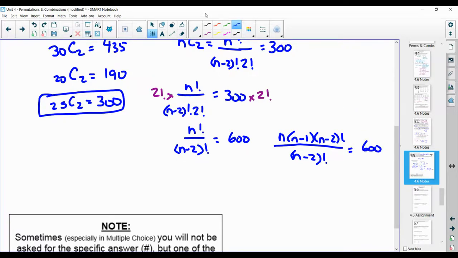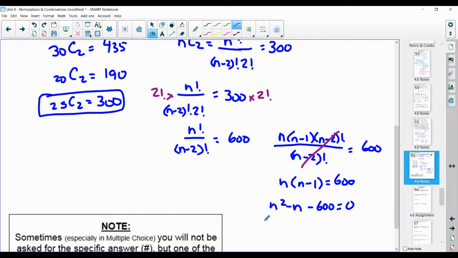And these will cancel. That gives me n times n minus 1 equals 600. If we multiply that out, that gives us n squared minus n minus 600 equals 0.